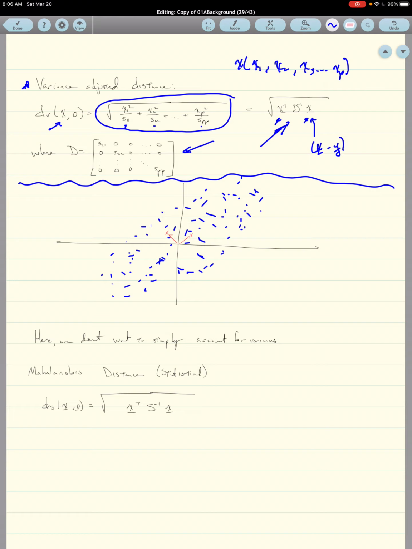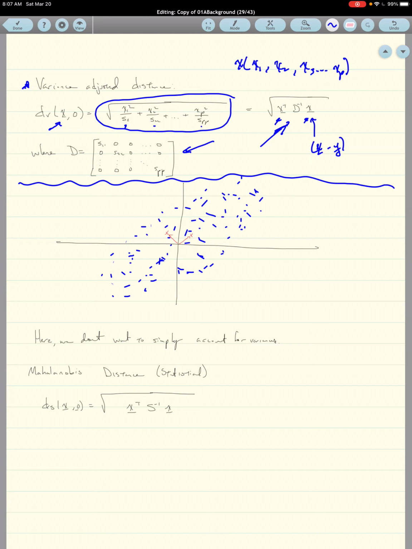We can take this one step further. Now let's consider a cloud of points that again is elliptical in its contours, but now the axes of those ellipses are not aligned with the axes of Euclidean space, the horizontal axis and the vertical axis as I've drawn here.